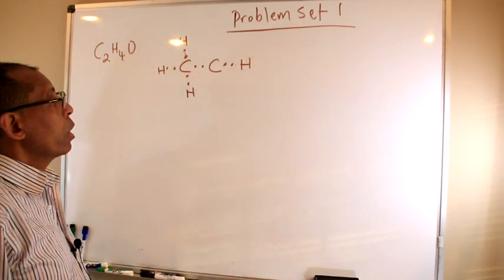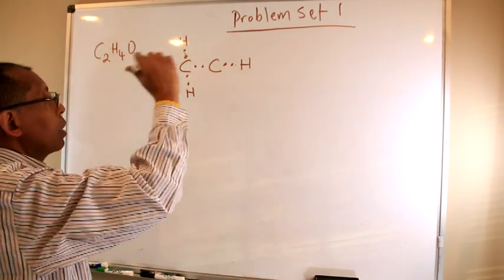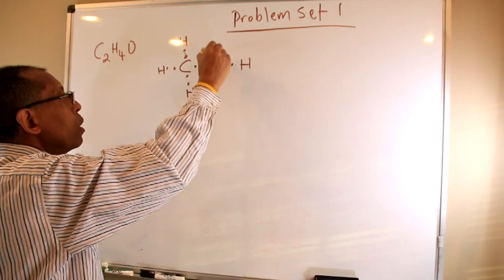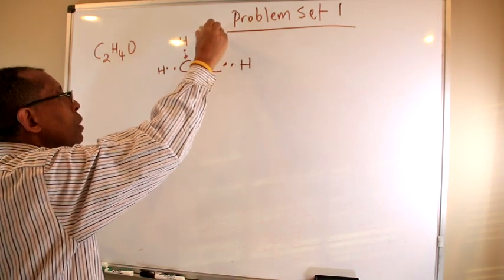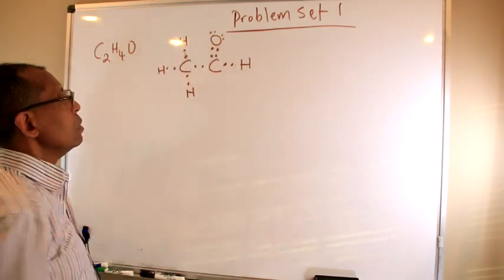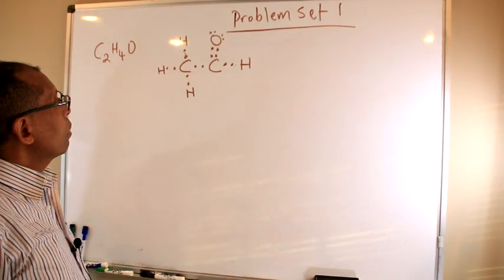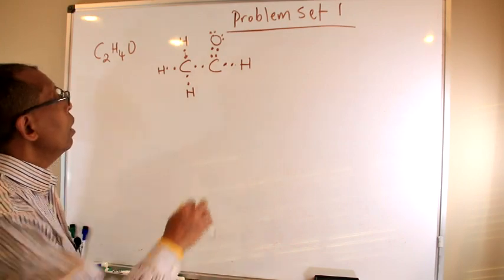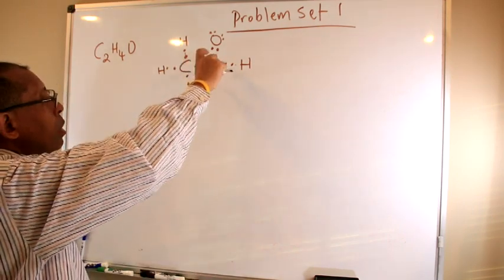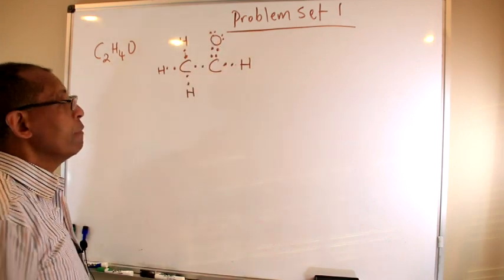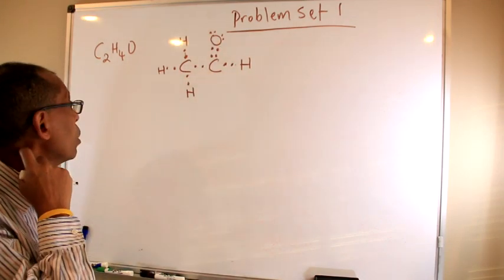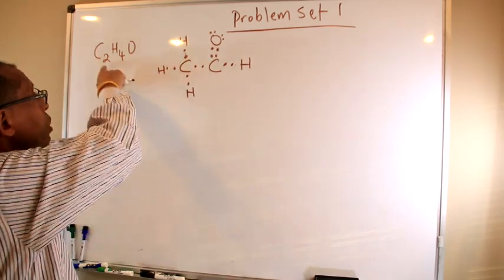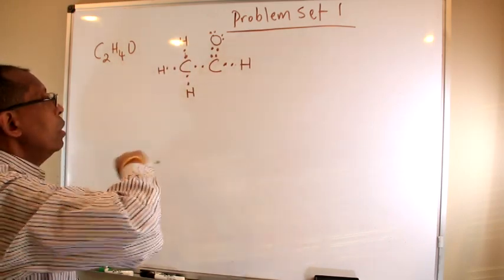To accommodate 4 more electrons with oxygen, for example, if we just put 2 and oxygen here, that would satisfy what we need, basically. So you need to check each one of these centers, like carbon, oxygen, if they have satisfied the octet rule. So this is one of the constitutional isomers which satisfies C2H4O.